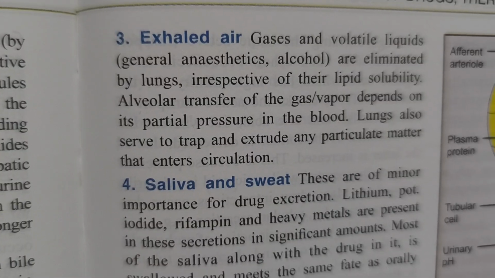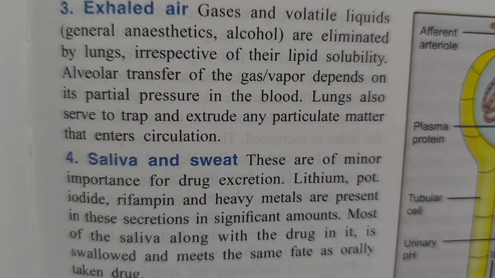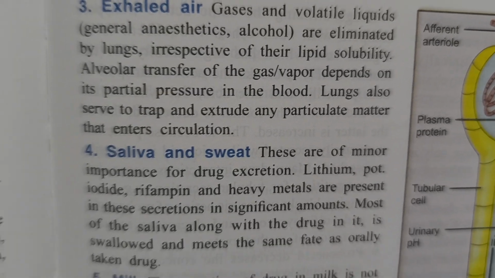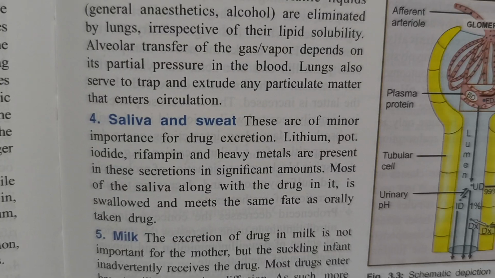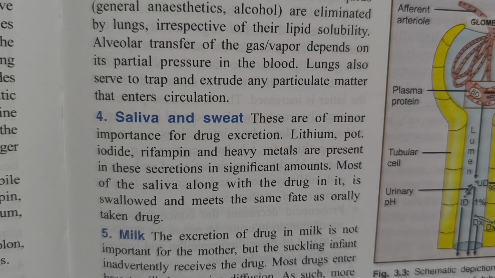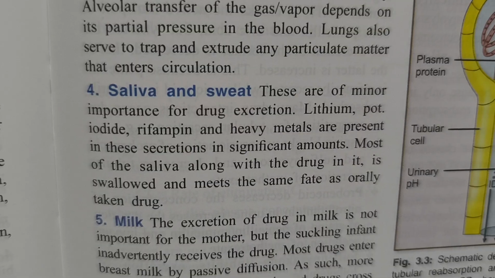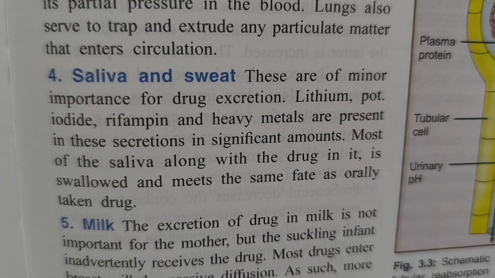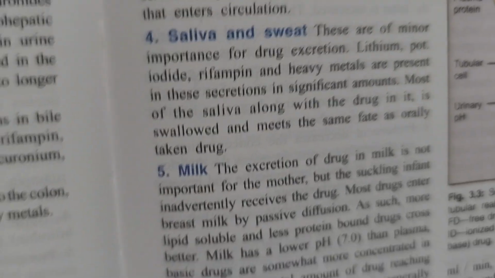Third, exhaled air. Gases and volatile liquids, general anesthetics, and alcohol are eliminated by the lungs irrespective of their lipid solubility. Alveolar transfer of a gas or a vapor depends upon its partial pressure in the blood. Lungs also serve to trap and extrude any particulate matter that enters the circulation.